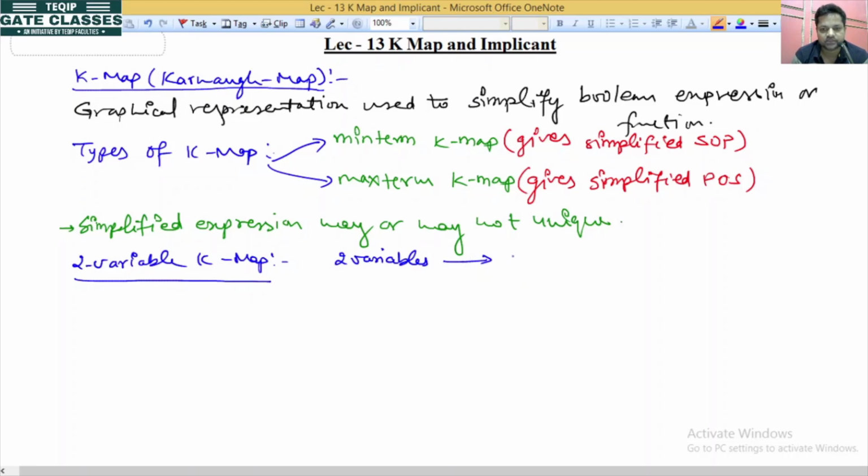It is 2 to the power 2 combinations. If we have n variables, then it has 2 to the power n combinations. Similarly, the number of cells present in a two variable K-map is 2 to the power 2, because we have to represent all the inputs in the K-map.